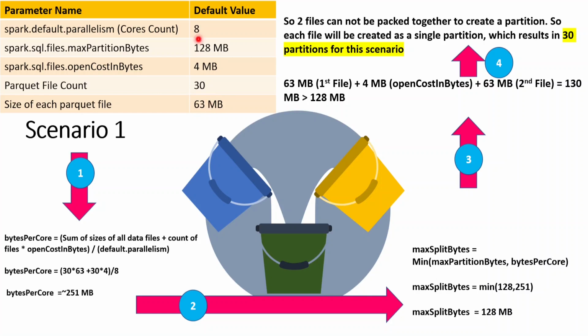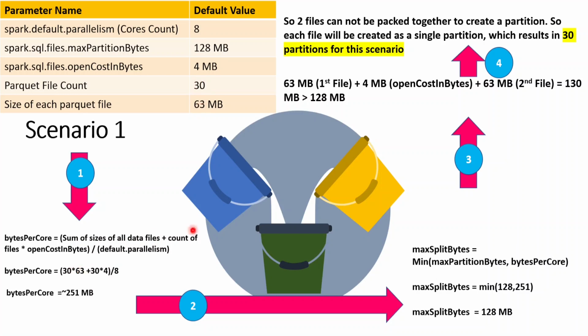So for this scenario, first the Spark engine will calculate bytes per core. Let us also calculate that. We have to calculate the sum of sizes of all data files, which means 30 files multiplied by 63.